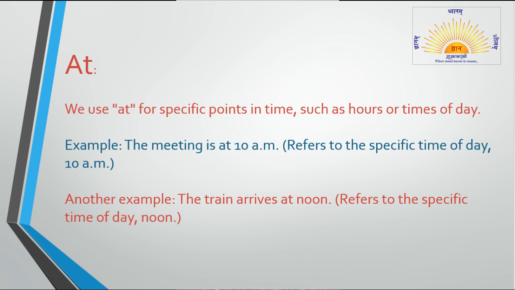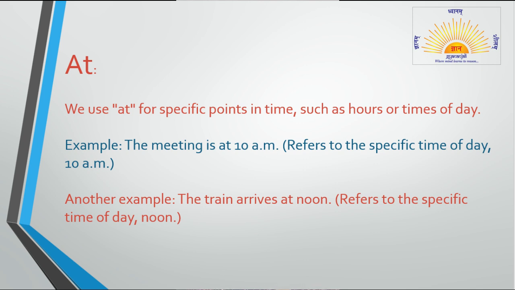The train arrives at noon, referring to the specific time of the day. And which specific time of the day is mentioned here? Noon. I hope the usage of in, on and at as prepositions of place and prepositions of time is clear to you all.